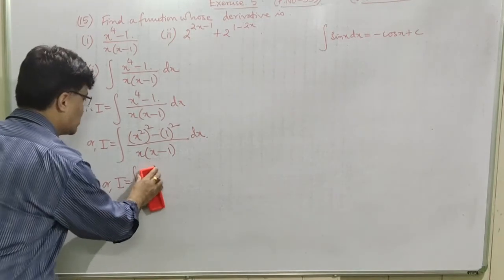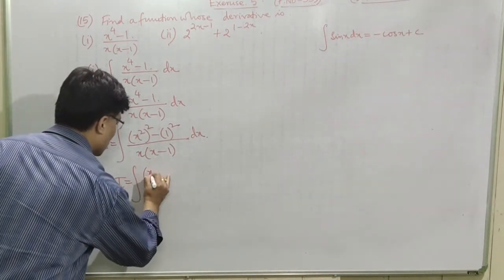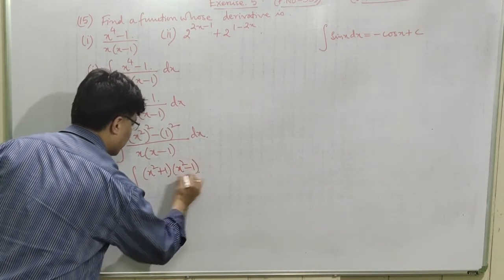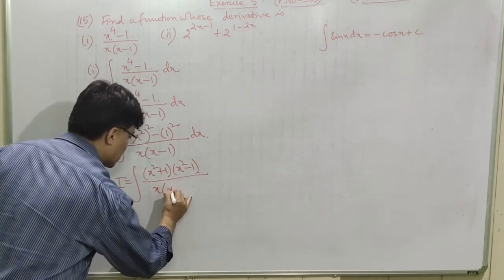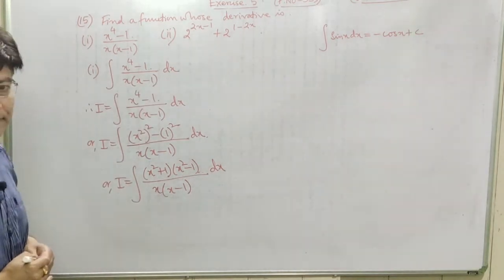So this is your a² − b², isn't it? What is the formula? (a + b)(a − b), and in the denominator, x(x − 1) dx. Is that clear?